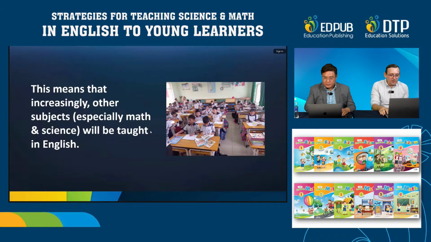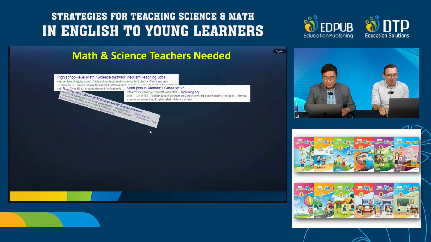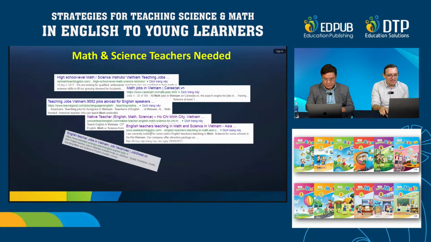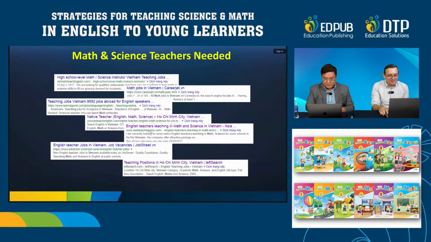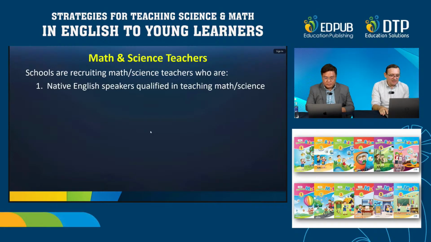So you can see online lots of adverts for math and science teachers. But there are four types of teachers. We've got native English speakers qualified in teaching math and science.